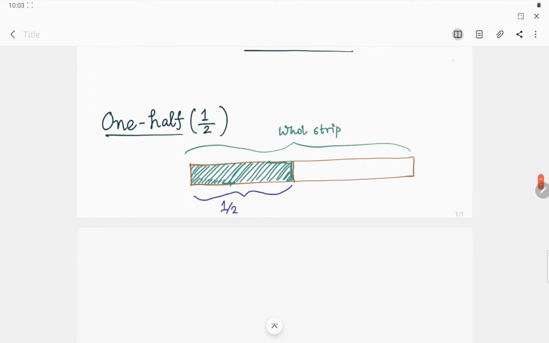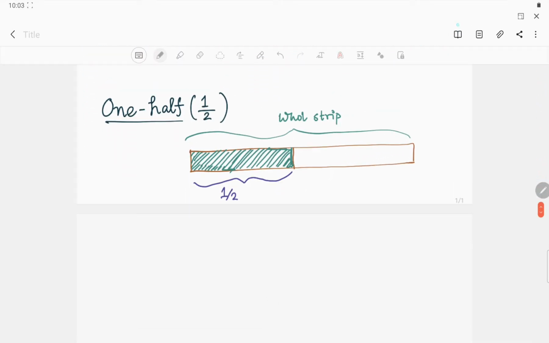Now the next portion, one half. I have taken a strip, okay, and you can see this is a whole strip. I have drawn a whole strip, but in this case I have divided it into two parts.